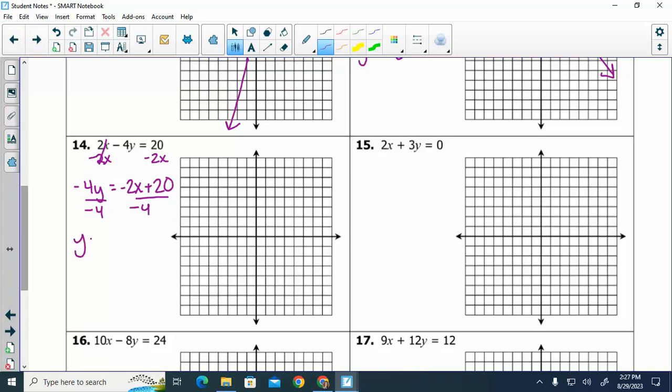So, negative 2 divided by negative 4, 1/2. 20 divided by negative 4. And then up 1 over 2.